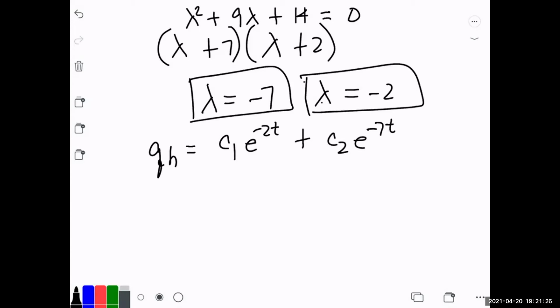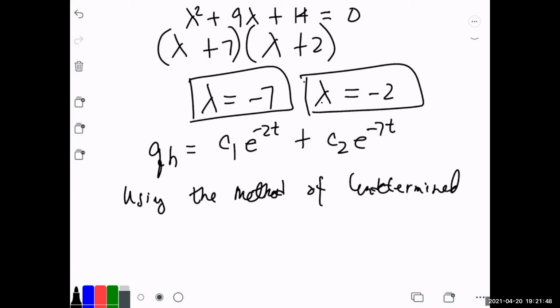And then on the right-hand side of the equation, we see that it has the sine function. So this time we're going to use the method of undetermined coefficients. In this case, we have case number 3.